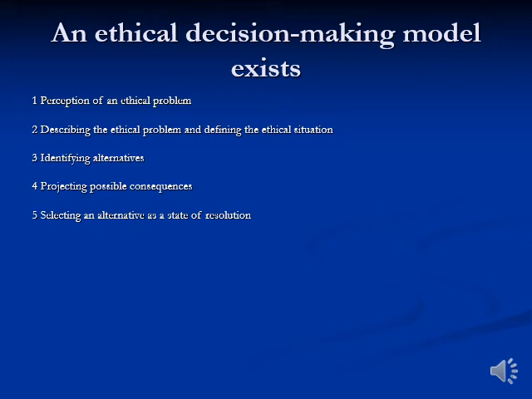Then afterwards, we go through the second step, which is describing the ethical problem and defining the ethical situation. So here we would start to gather information about the situation itself.